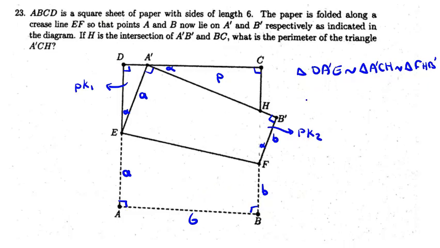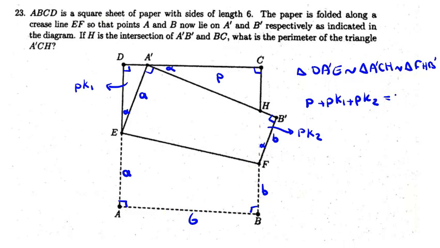Now, if we add all these perimeters, P plus PK1 plus PK2, we see that it will be the perimeter of the square. Why? Because this side, this one, will be the hypotenuse of this triangle. This one will be here, and the whole of this part will be AB. This one will be this.